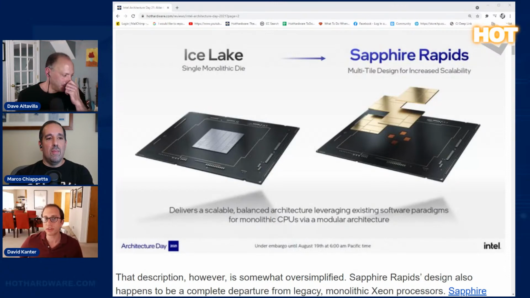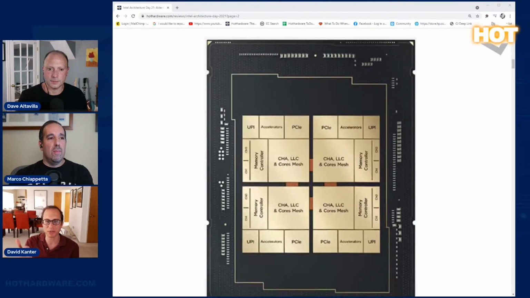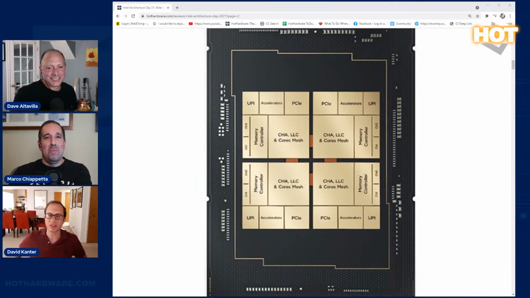So this is saying EMIB is ready, high yielding, and good to go, and volume, full faith and confidence in it. So to me, that's very exciting because then the next step is clearly going to be on the client side. And by the way, I'd love to get a Sapphire Rapids with HBM sampled too. That'd be pretty sweet.